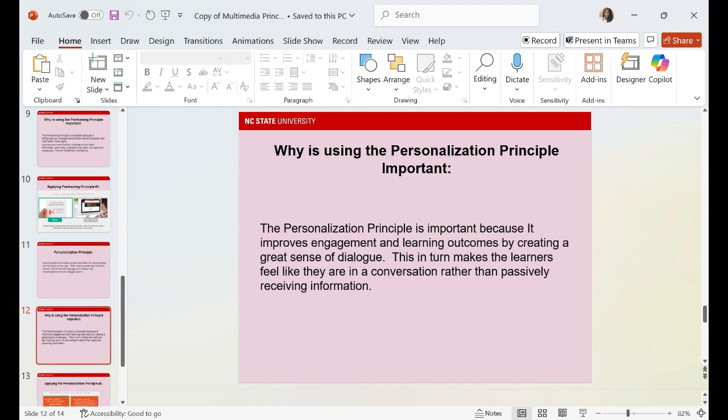So, why is the personalization principle important? The personalization principle is important because it improves engagement and learning outcomes by creating a greater sense of dialogue. This in turn makes the learners feel like they are in a conversation rather than passively receiving information.